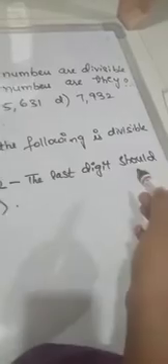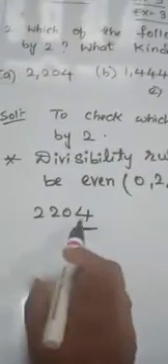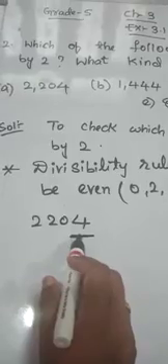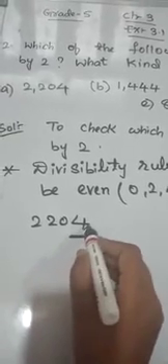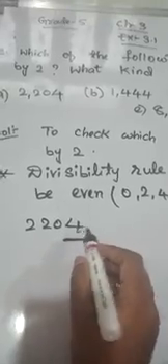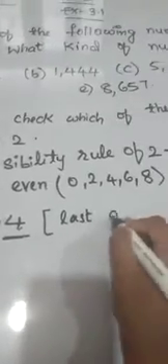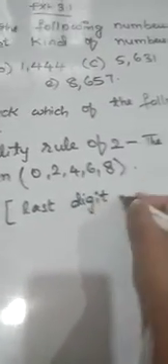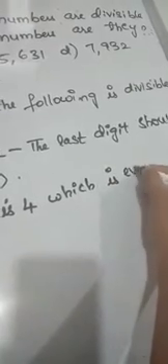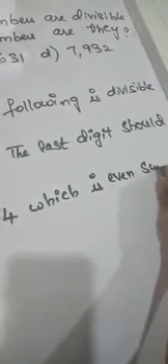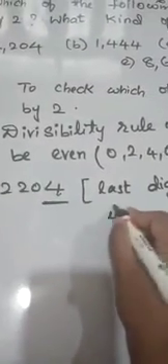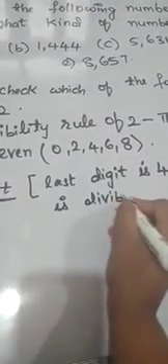So the last digit should be even. Here, is the last digit even or odd? Yes, it is even. The last digit is 4, which is even, so it is divisible by 2.